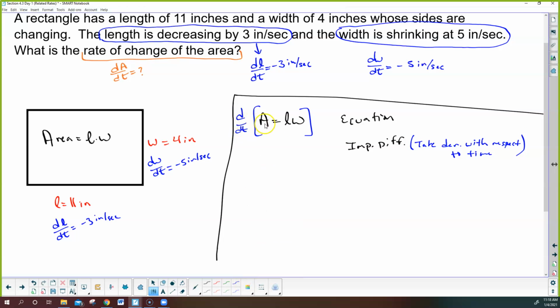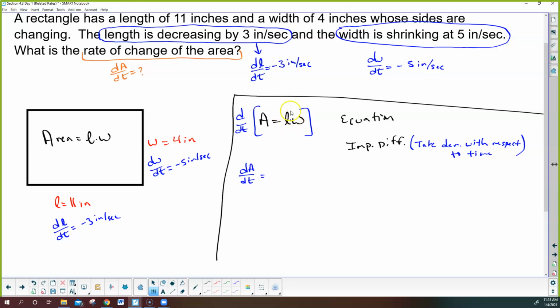So watch what happens. The derivative of A, capital A, is just dA/dt. Okay, so when I write that in my brain, I'm thinking that's the rate at which the area is changing with respect to time. And then notice right here, what do we have? We have a product rule, right?